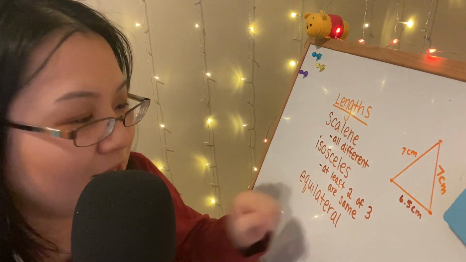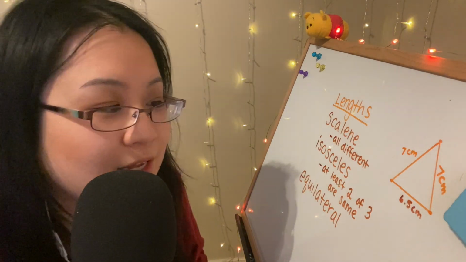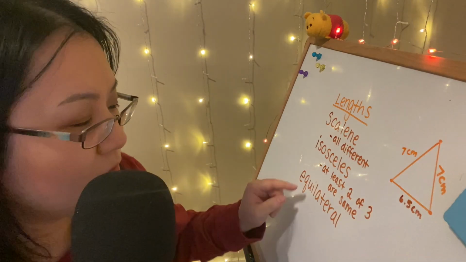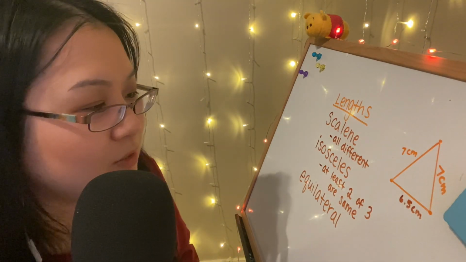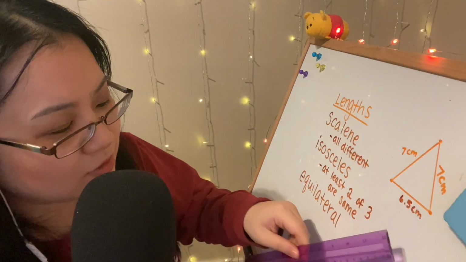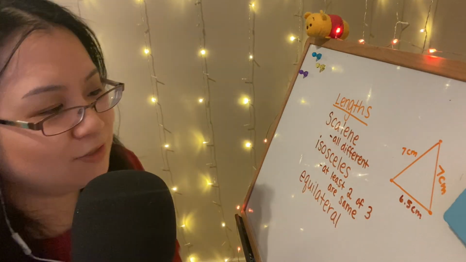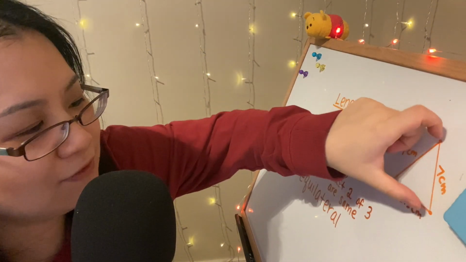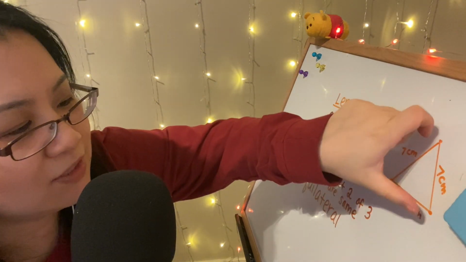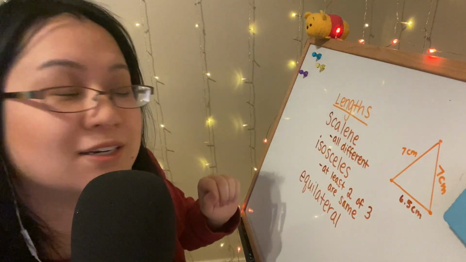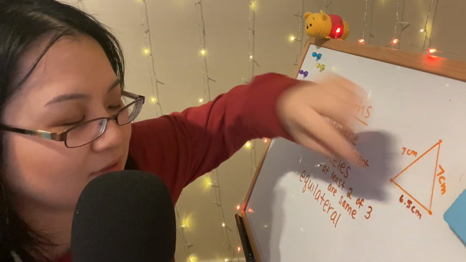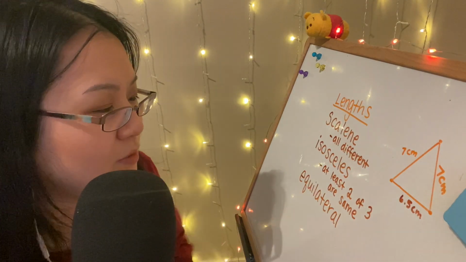I think you get the idea. I can shift this 6 or this 7 out a little bit and make them all 7. 7, 7, 7, and that would be equilateral.